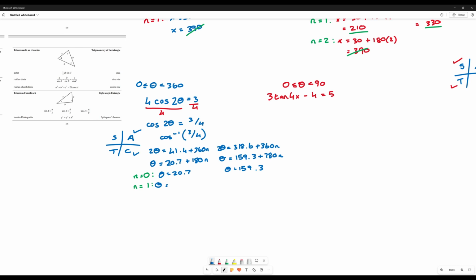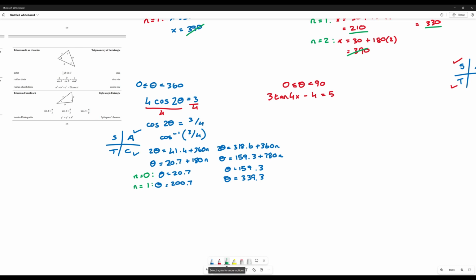That would be 200.7, and then this one would be 339.3 maybe. Again, that's just calculator stuff, so even if I messed it up, don't worry about it.